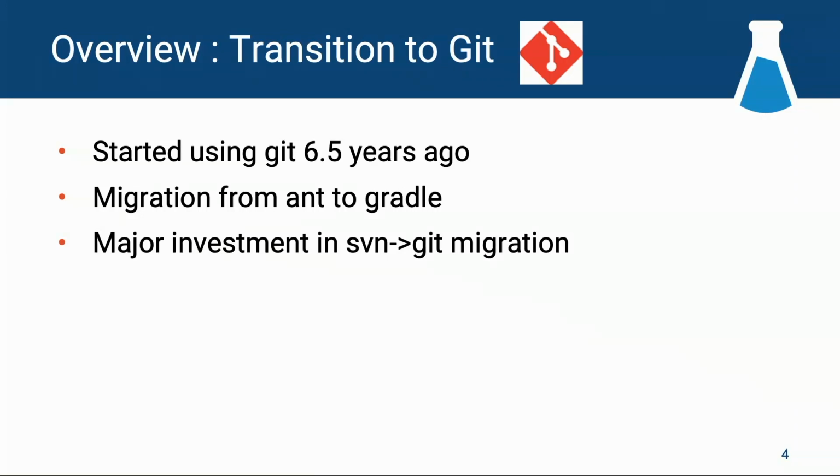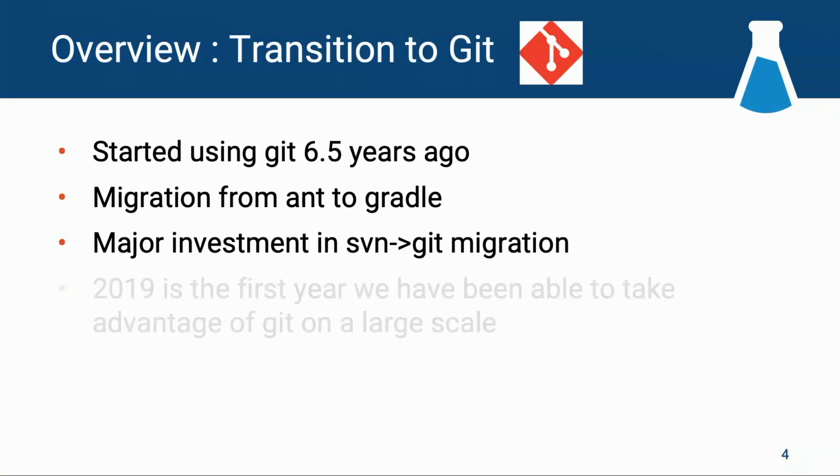As Adam mentioned in his talk yesterday, we've made a lot of major investments in SVN to Git migration this year. Early in the year, the team hit the ground running, and we did, I believe, 3 phases of Git migration. So the vast majority of our code has moved over from SVN to Git.